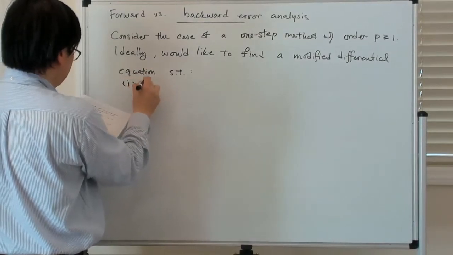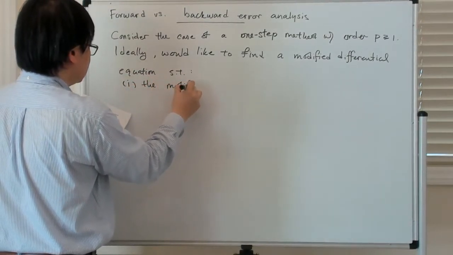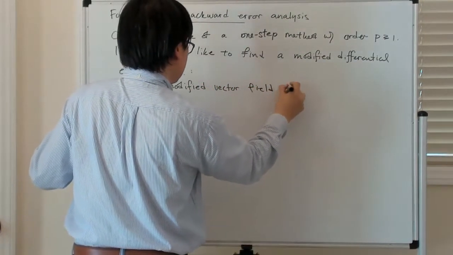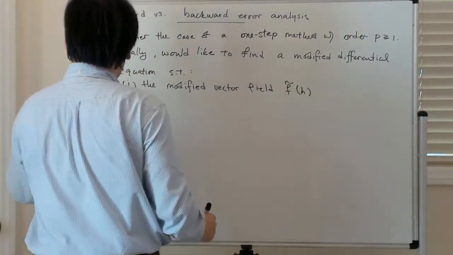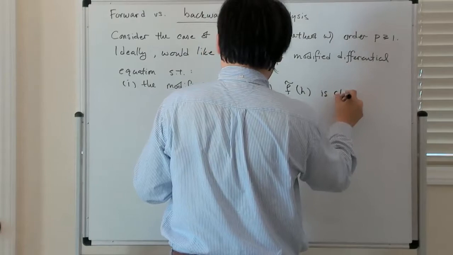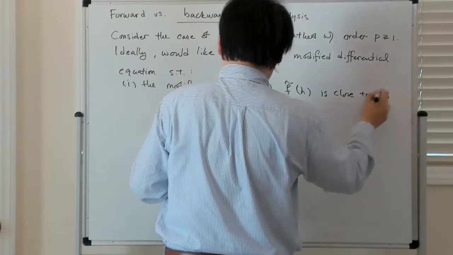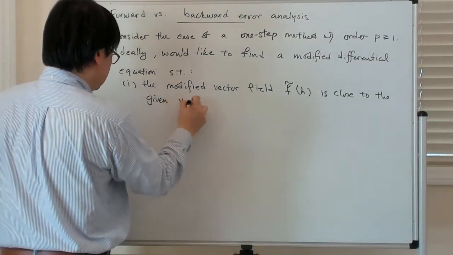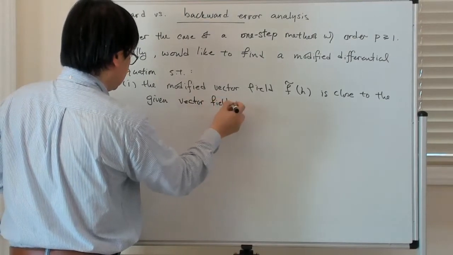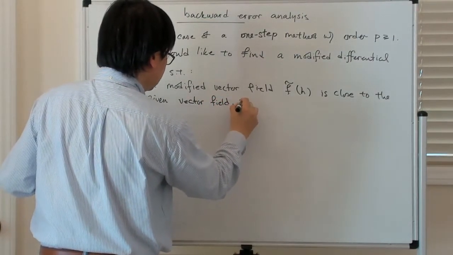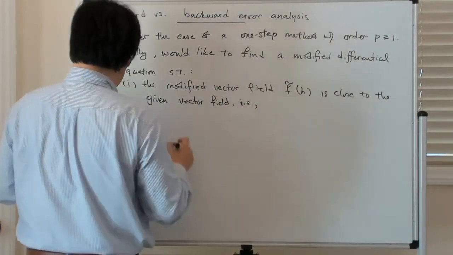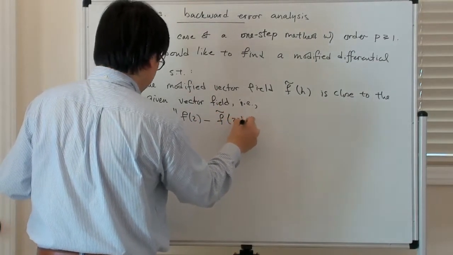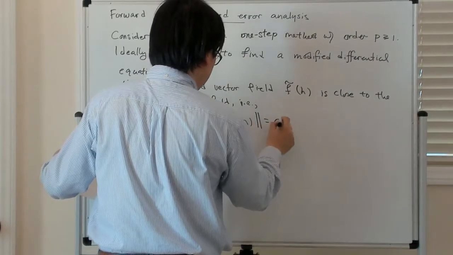The first thing is that the modified vector field f tilde of z, h is close to the given vector field, in some appropriate norm: f of z minus f tilde of z, h is big O of h to the p.